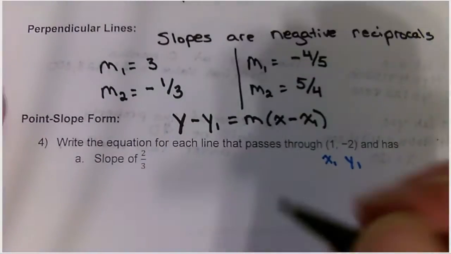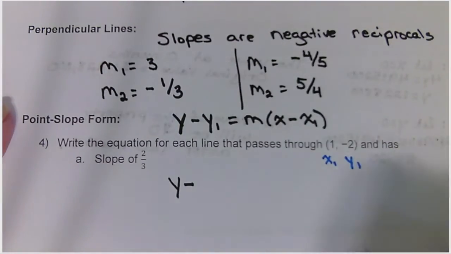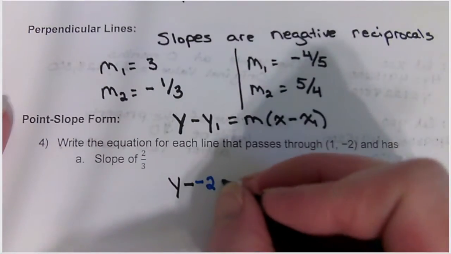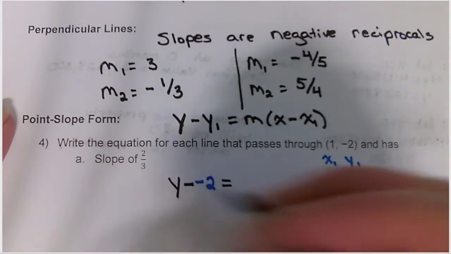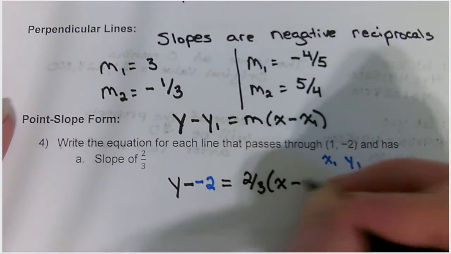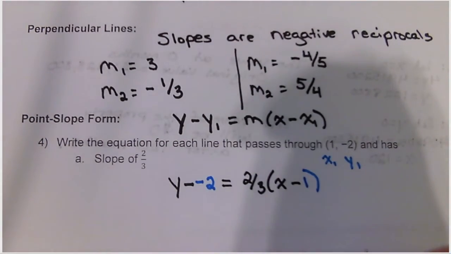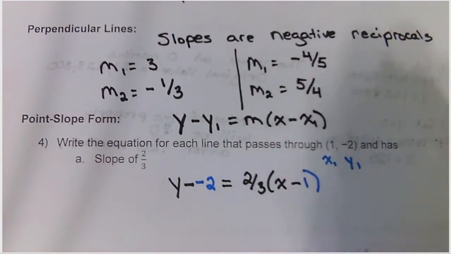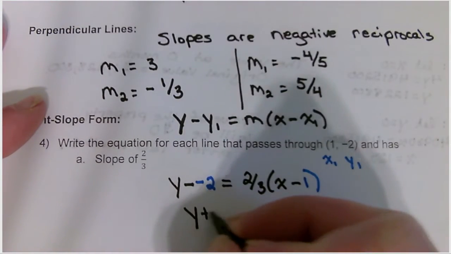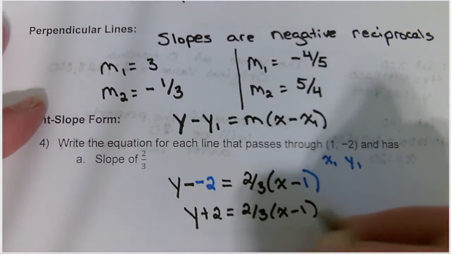The way you work this form of the equation, we would do y minus the y1 value equals m, whatever our slope is, and in this example it's 2/3, x minus whatever the x value is. Now the beauty of using point slope is you can technically leave it just like this, and it's correct.